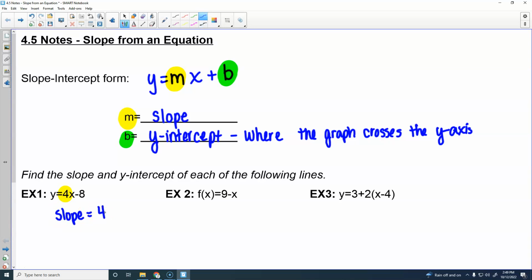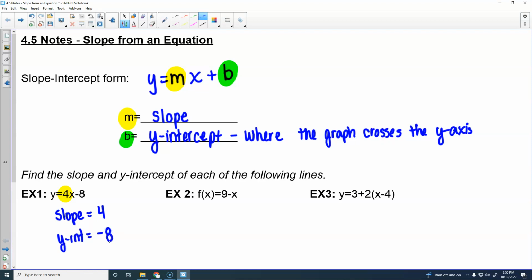The y-intercept is what we call the constant term. It's the term that's being added or subtracted here. So our y-intercept here would be -8.